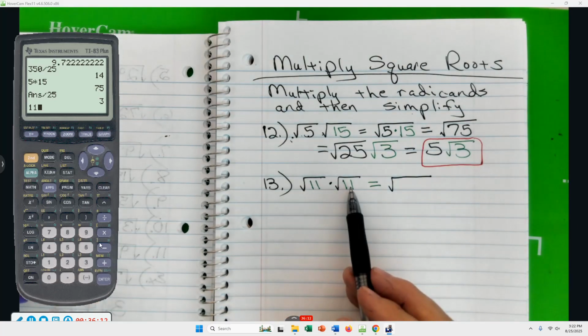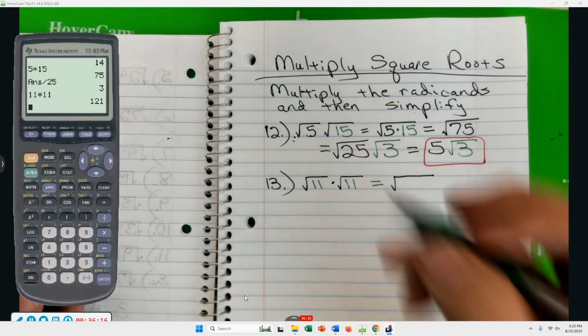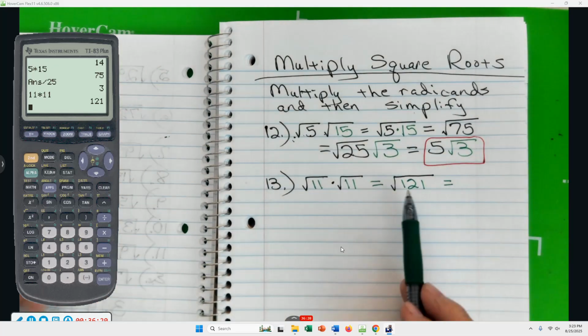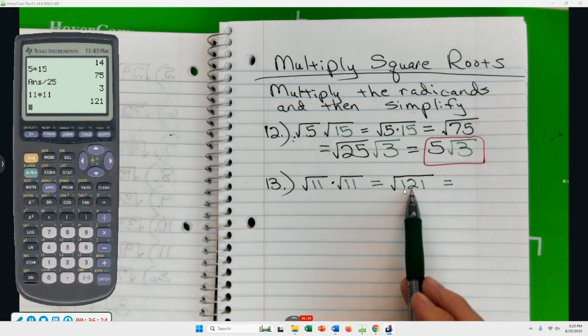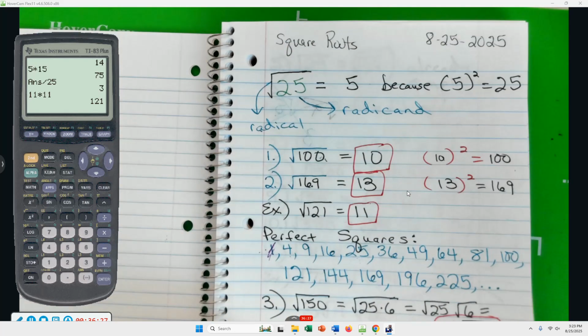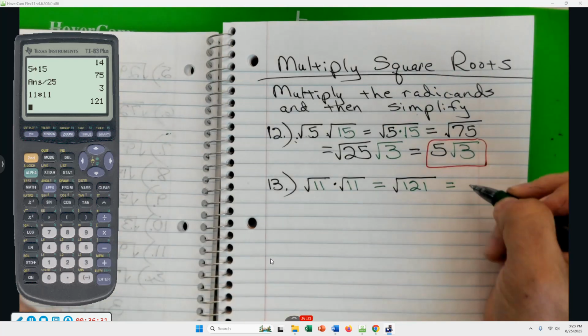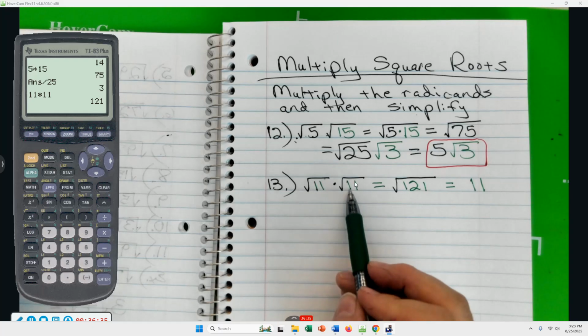What's 11 times 11? 121. And what's the square root of 121? I recall 121 from my list of perfect squares. There it is, 11.